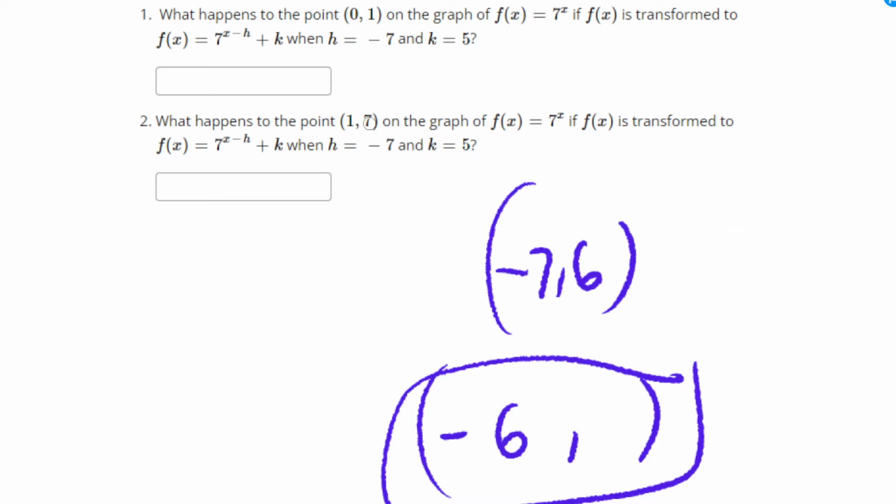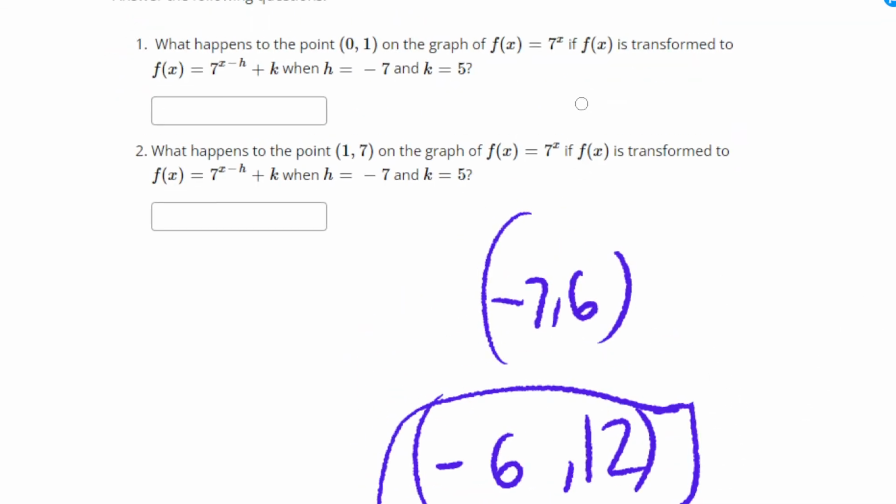This should actually be 7 plus 5. No, not 7. Wait a minute. Now I'm tricking myself. I was on the wrong problem on my equation. No, I did it right. That should be 6, positive 12. I was just typing my answers into the wrong problem on the homework, and I was like, oh, why is it wrong? But no, it was correct. We're just doing basically the transformations. No need to doubt yourself.